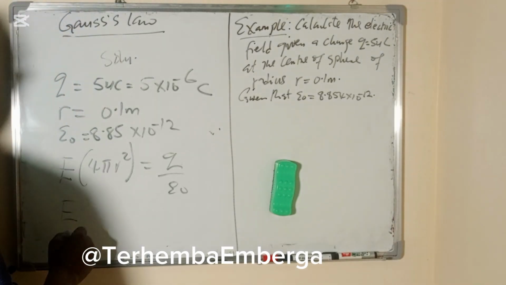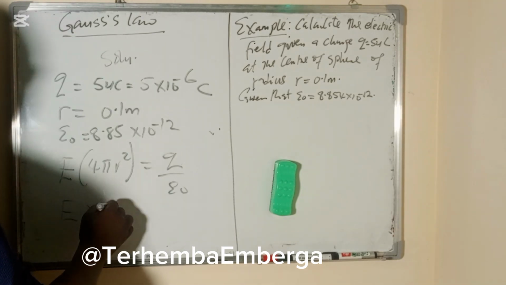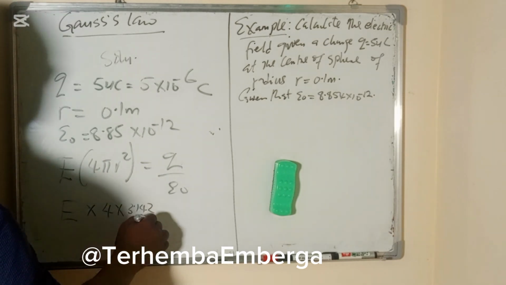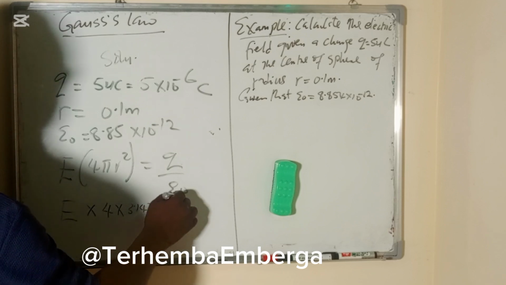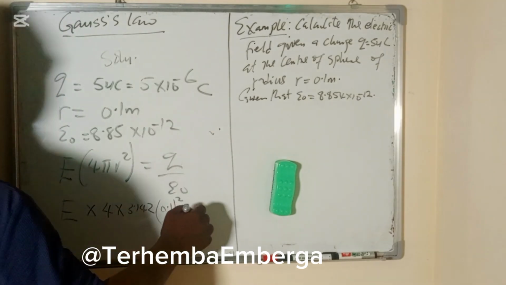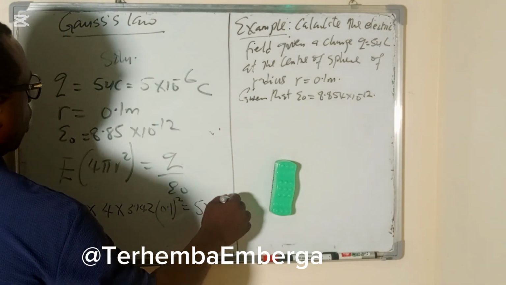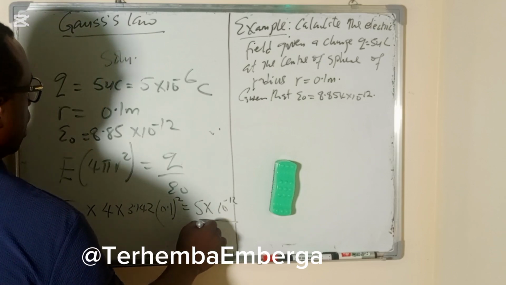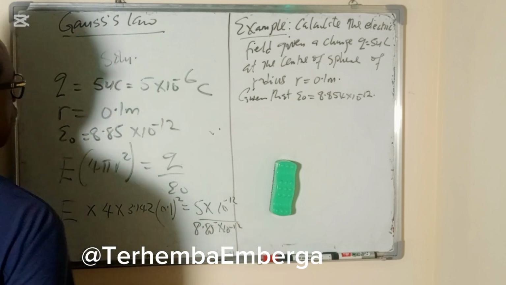We now have E times 4 times the value of pi, 3.142, times 0.1 square, equal to Q, given as 5 times 10 raised to the power minus 6, all over 8.85 times 10 raised to the power minus 12.